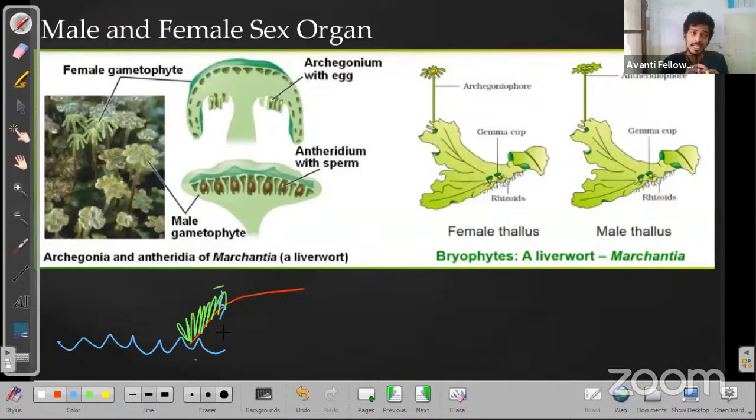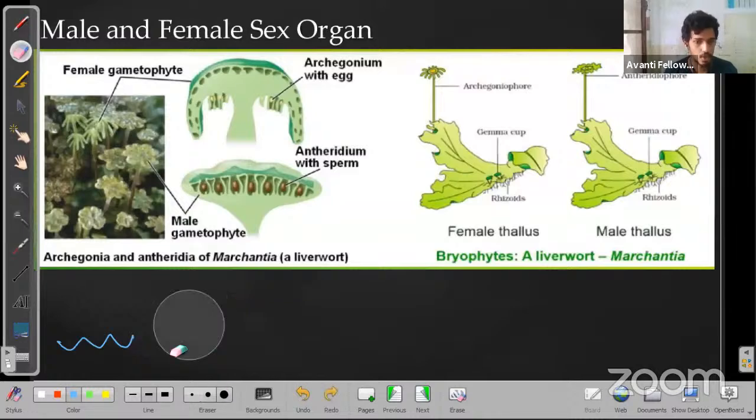It can directly diffuse through the cells only, or some of these organisms have smaller straw-like shapes, and there also it can travel. But to mention xylem and phloem, it should have a complex kind of structure, right? That is not present in these organisms.